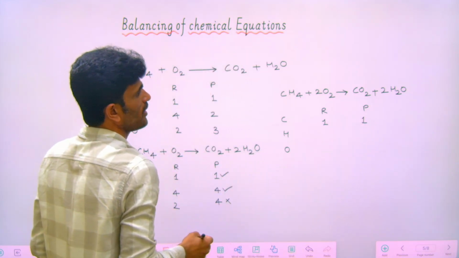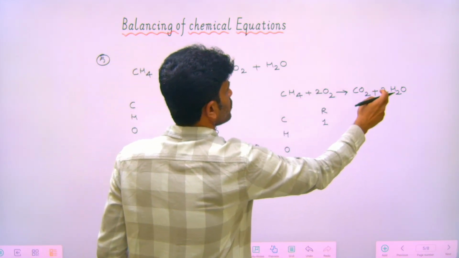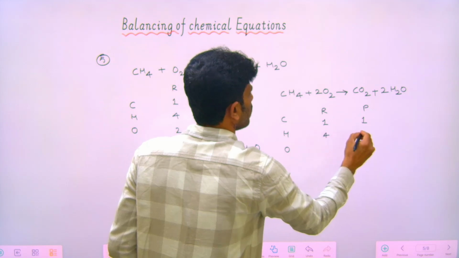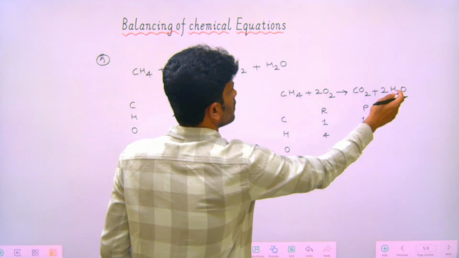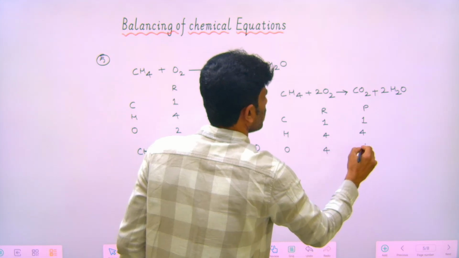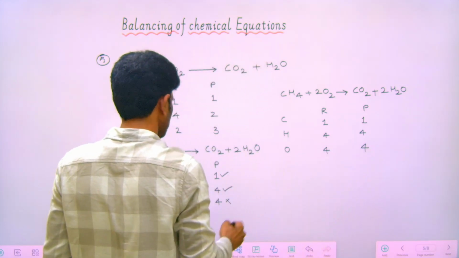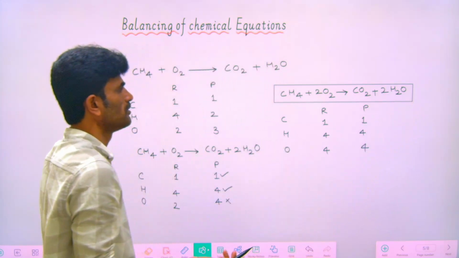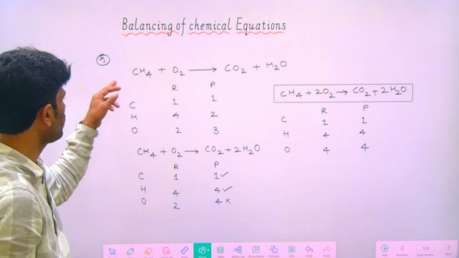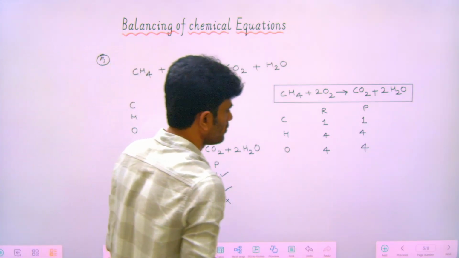How many hydrogens? Here 4, here also 2 into 2, 4. 4, 4. How many oxygens on both sides? Here 4, there also 4. So balanced. This is the balanced equation of the given equation.